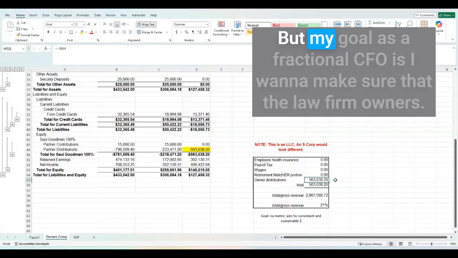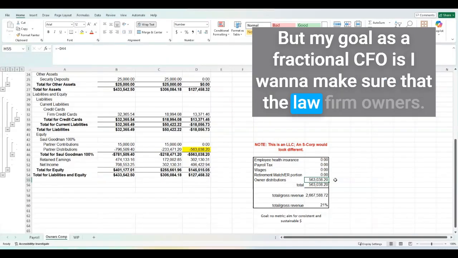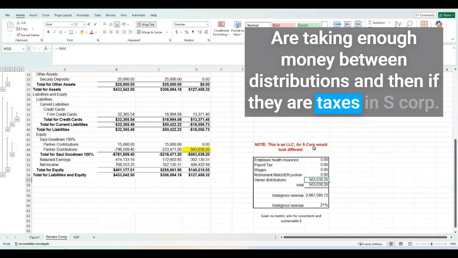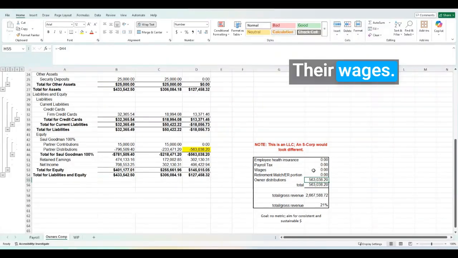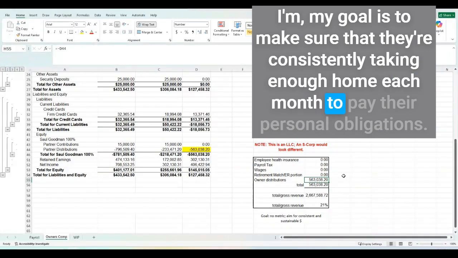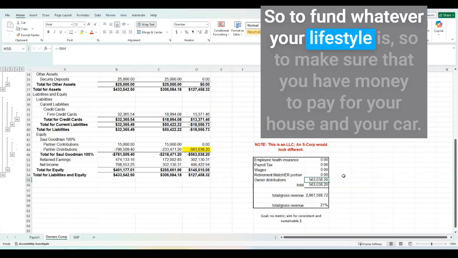But my goal as a fractional CFO is to make sure that law firm owners are taking enough between distributions, and if they're taxed as an S corp, their wages. My goal is to make sure they're consistently taking enough home each month to pay their personal obligations, to fund whatever your lifestyle is.